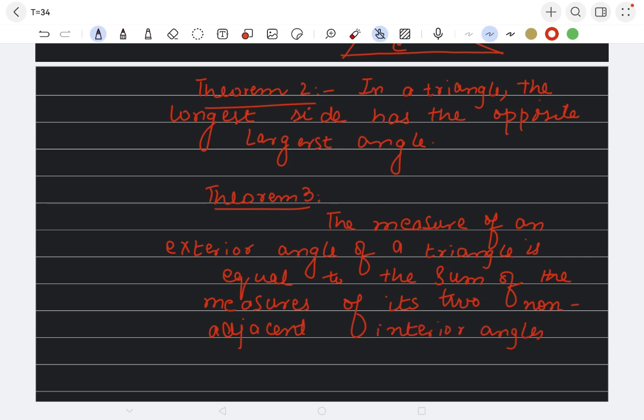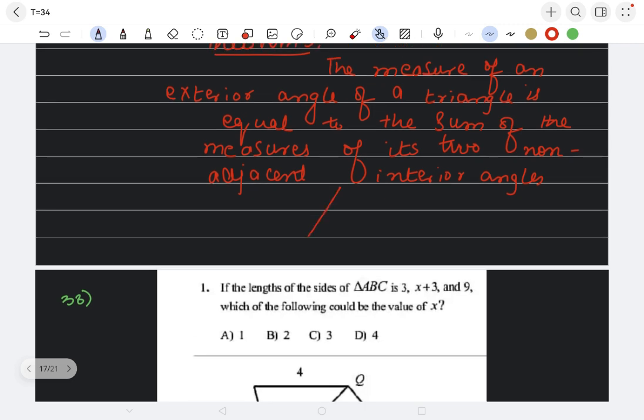Look, for example, if we have a triangle like this, this is our exterior angle. Let's suppose it is C, and these are two opposite interior angles. So our exterior angle will be equal to the sum of the opposite interior angles, that is A plus B. Okay, now we are going to solve a few questions with respect to this topic. Okay, and this is our topic number 38.